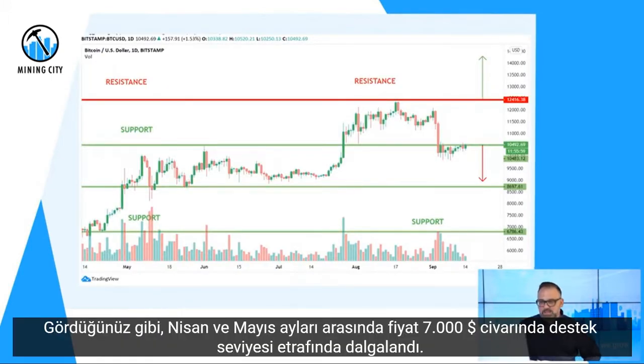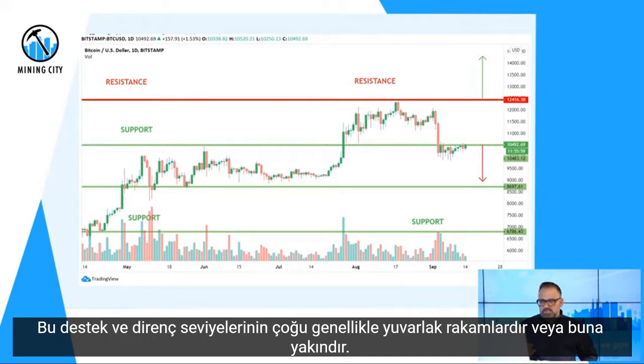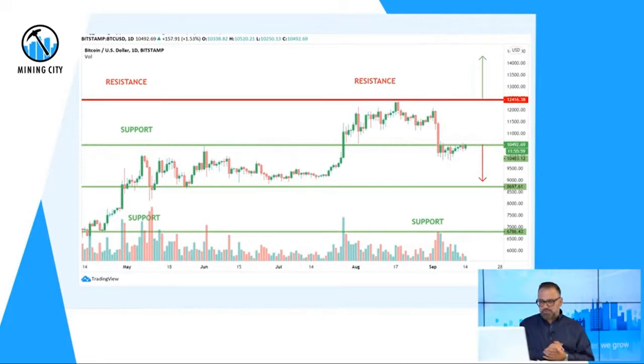As you can see here, between April and May, the price oscillated around the support level in the vicinity of 7,000. Most of these support and resistance levels are usually round figures, or close to such.